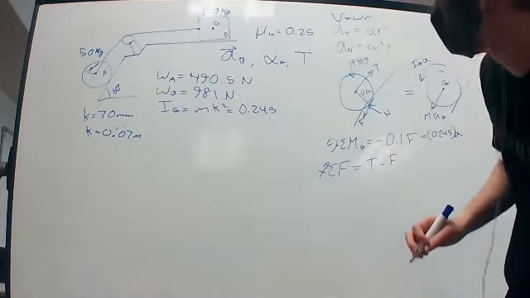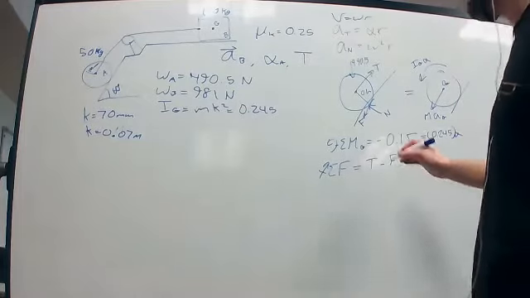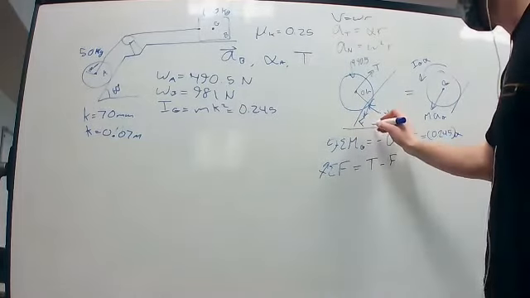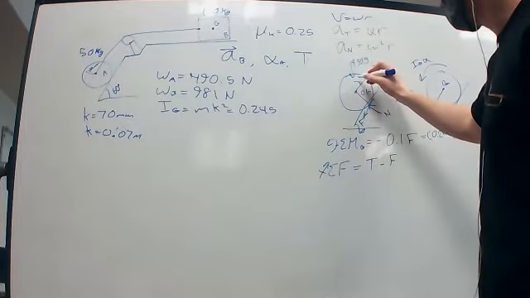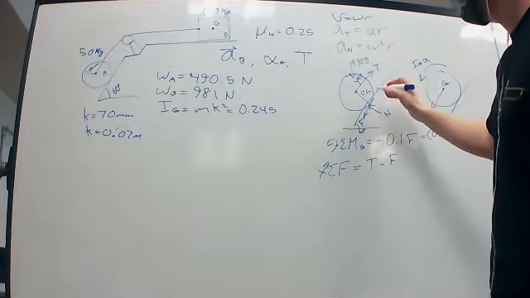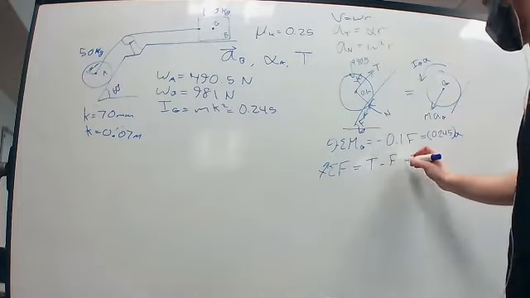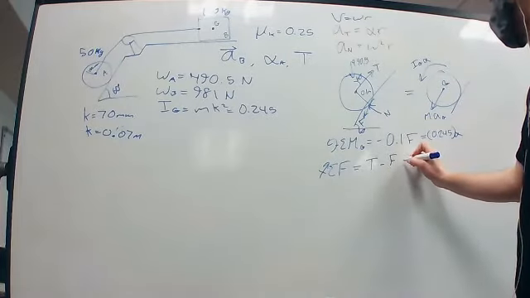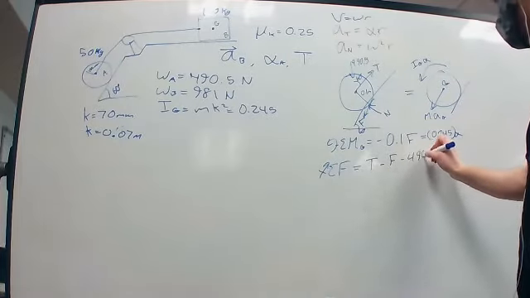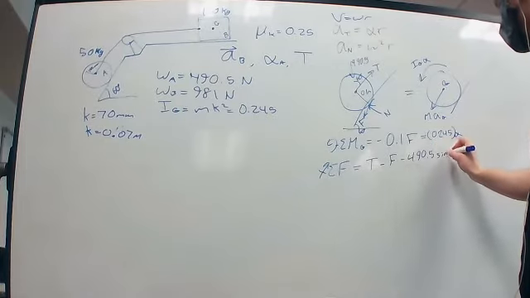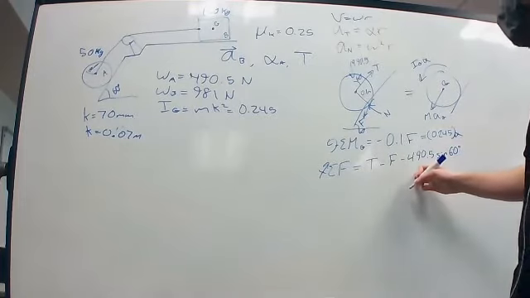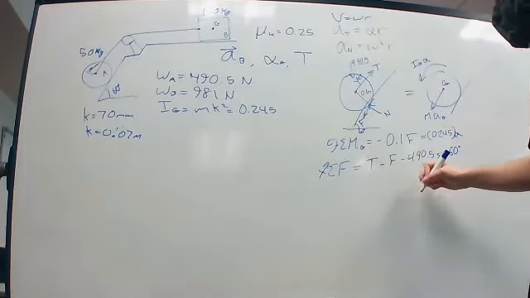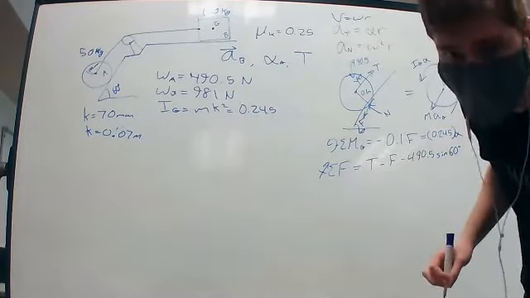So the weight is just going to be sine 60, since we know that the angle here is 60 degrees. So minus 490.5 sine 60.